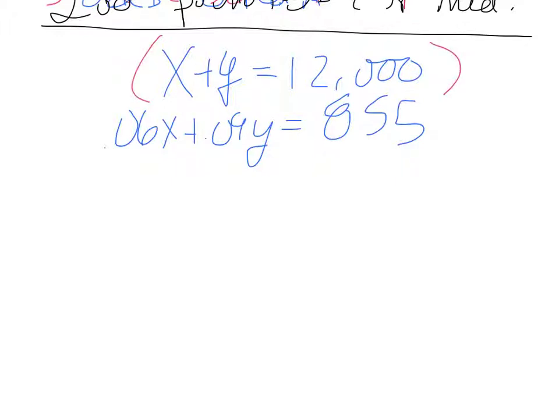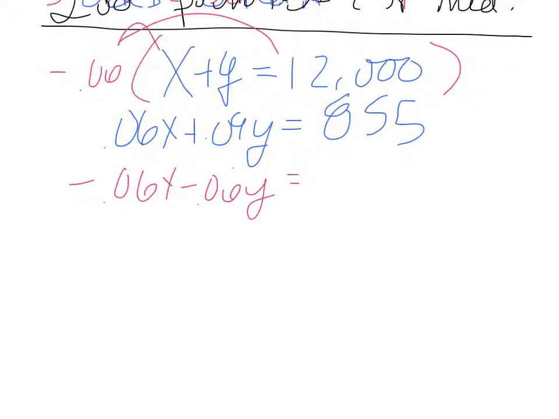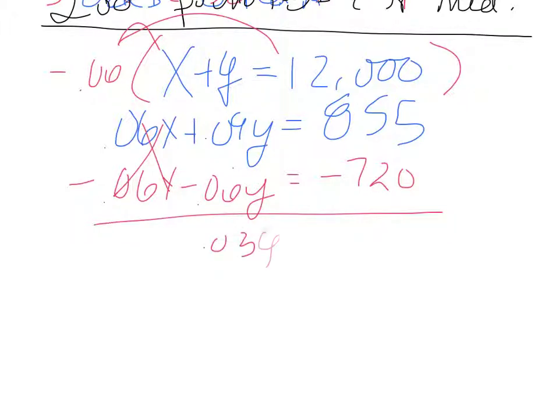So I'm going to multiply everything by negative 0.06, negative 0.06x, minus 0.06y, and then 12,000 times 0.06 is negative 720. So we go ahead and combine these. These cancel. 0.09y minus 0.06y is 0.03y, and then 855 minus 720 is going to be 135 divided by 0.03.